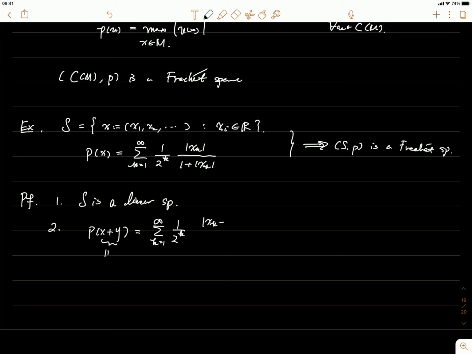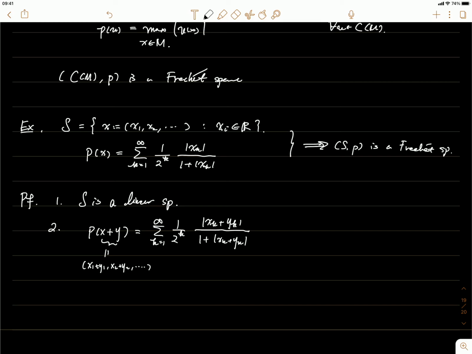This will be the sequence x1 plus y1, x2 plus y2, and so on and so forth, right? So here we should have xk plus yk over 1 plus xk plus yk.